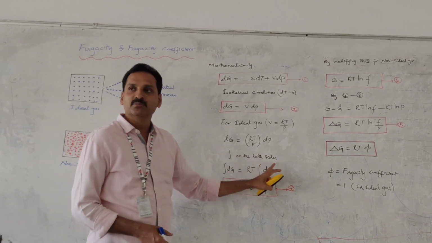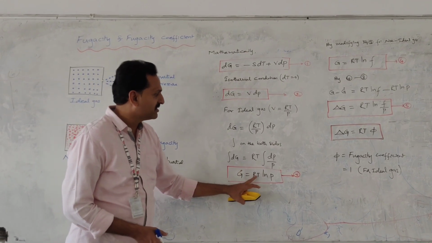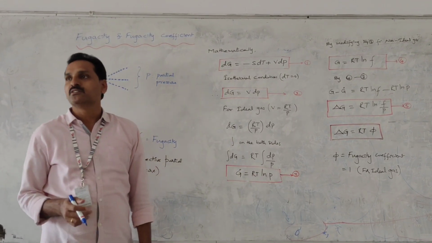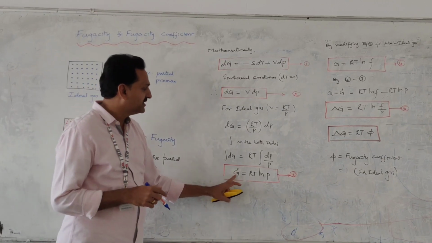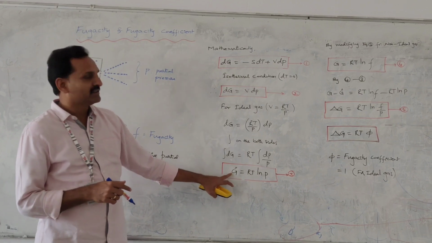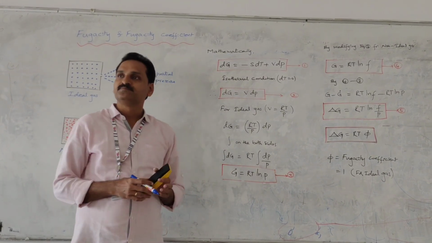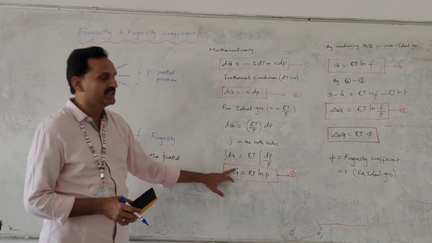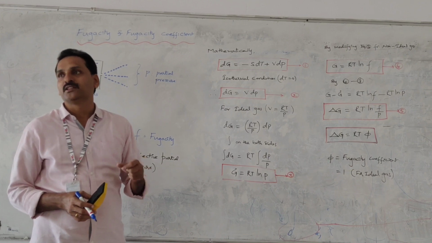Integrating both sides, we get G equals G0 plus RT log P, since the integration of dx by x is log x, where G0 is the molar Gibbs free energy. The superscript 0 indicates the molar free energy.